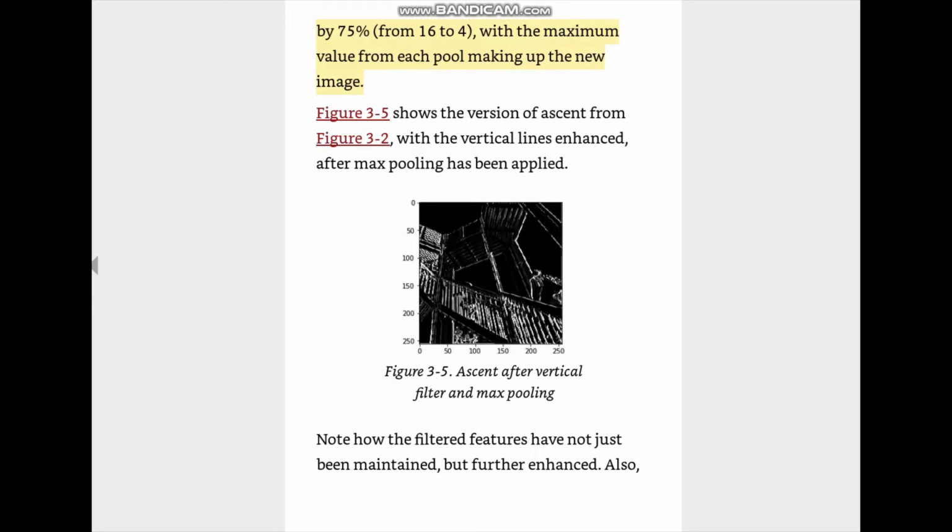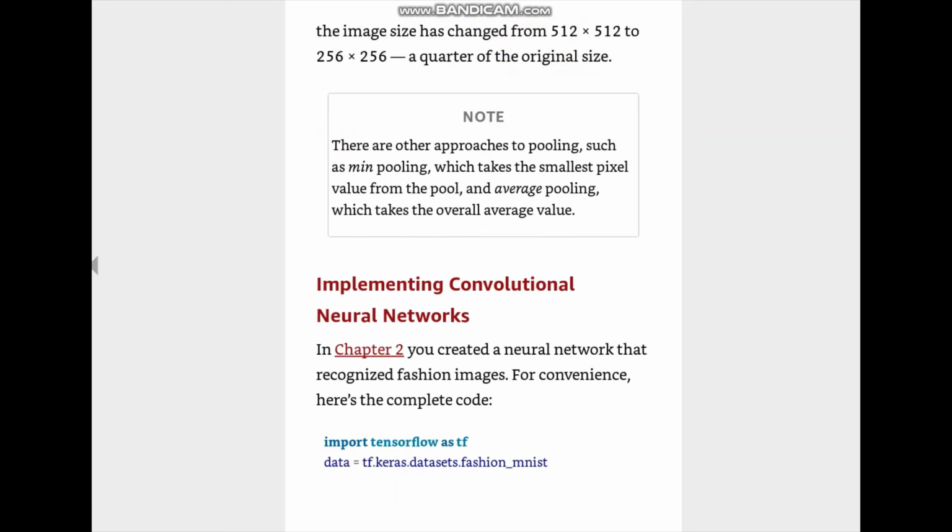You can see how clearly we can see the vertical lines. Note how the filtered image's features have not just been maintained but further enhanced. So max pooling has helped in enhancing the features. Also, the image size has changed from 512 by 512 to 256 by 256, a quarter of the original size.